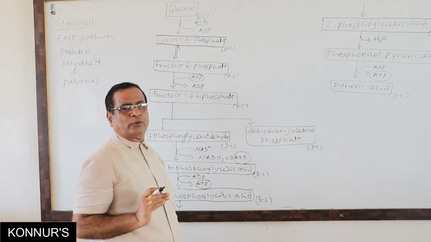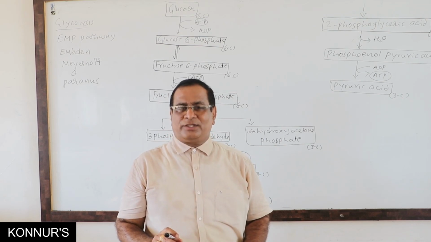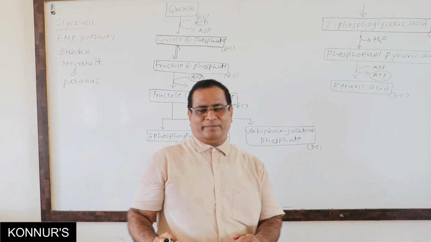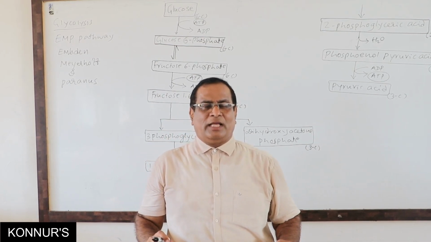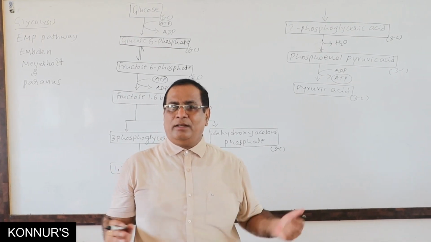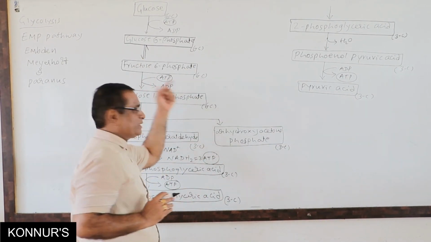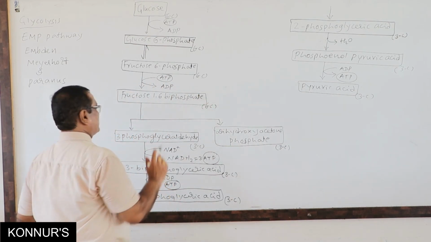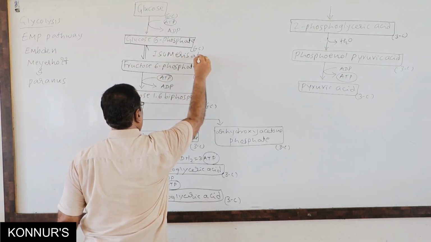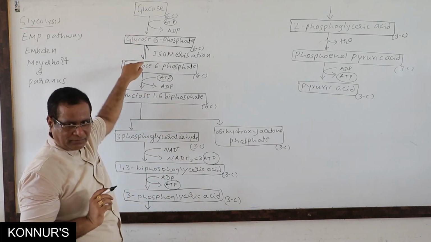And now this glucose 6-phosphate, instead of undergoing splitting, undergoes isomerization. You know that the isomer of glucose is fructose. Then the isomer of glucose 6-phosphate is fructose 6-phosphate. This symbol is indicating they can interchange.